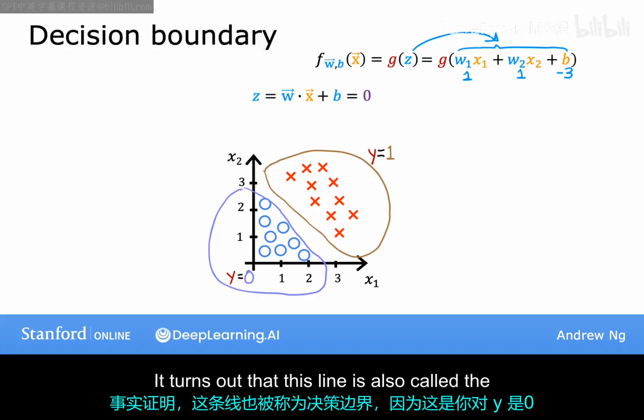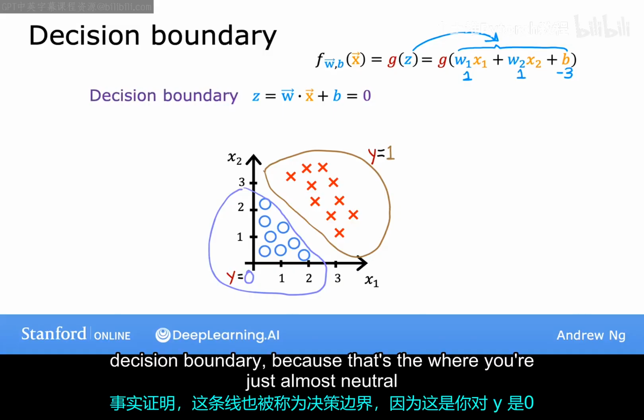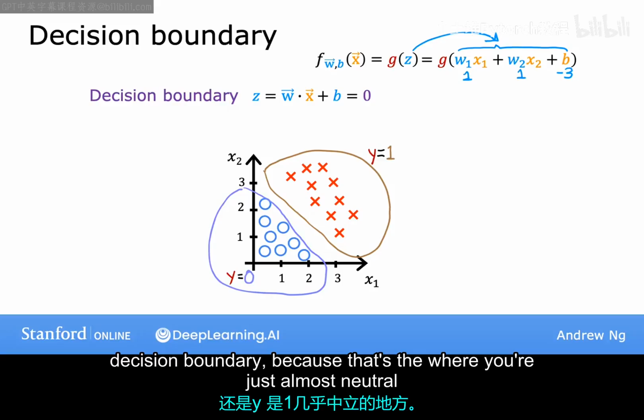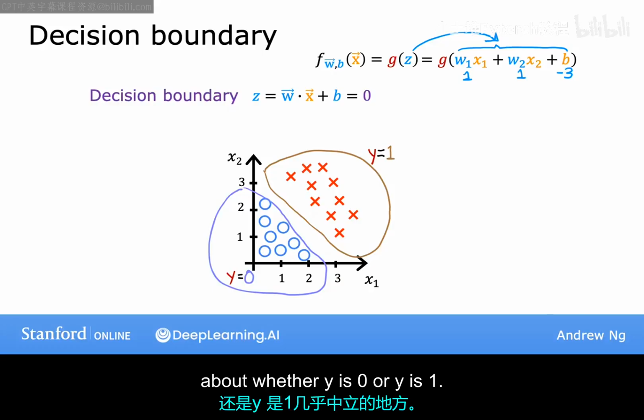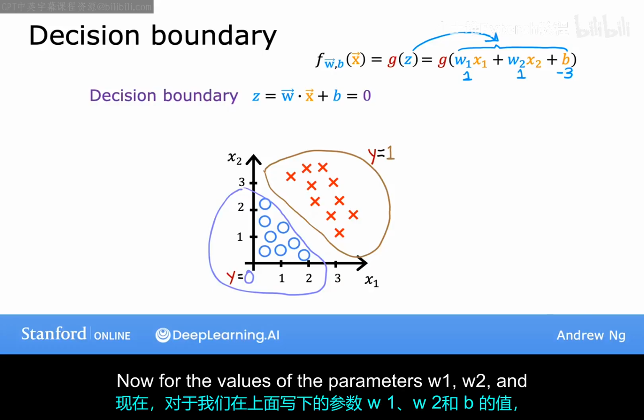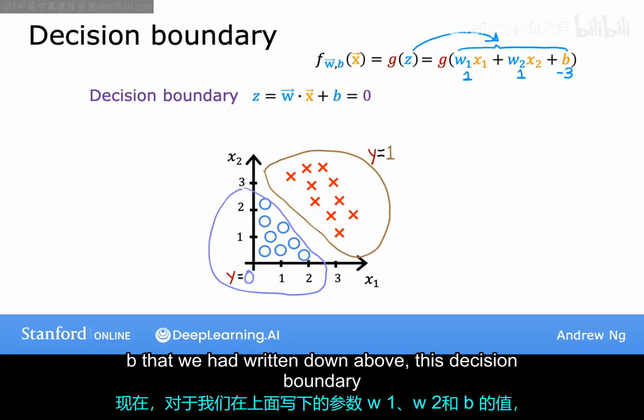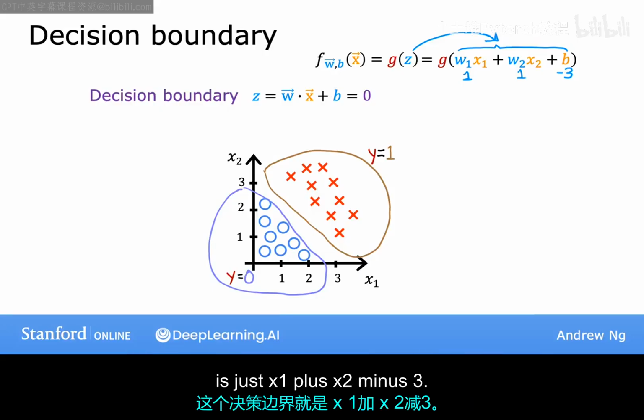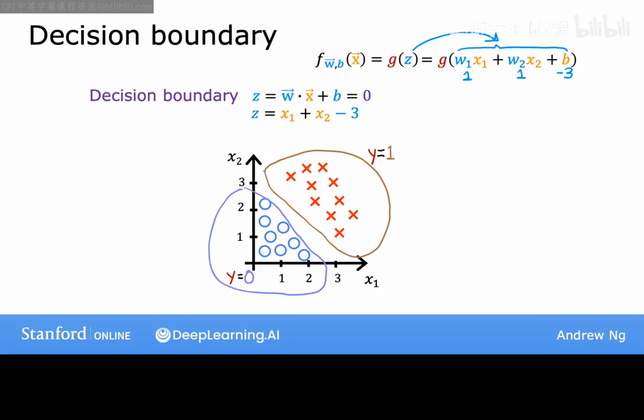It turns out that this line is also called the decision boundary because that's the line where you're just almost neutral about whether y is 0 or y is 1. Now, for the values of the parameters w1, w2, and b that we had written down above, this decision boundary is just x1 plus x2 minus 3.